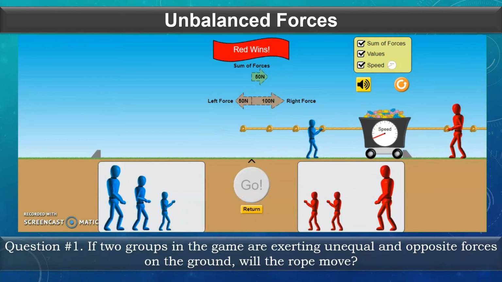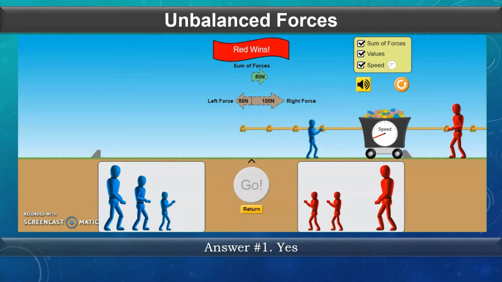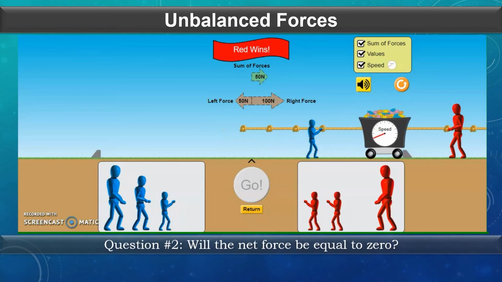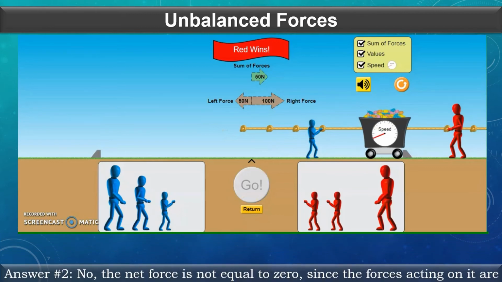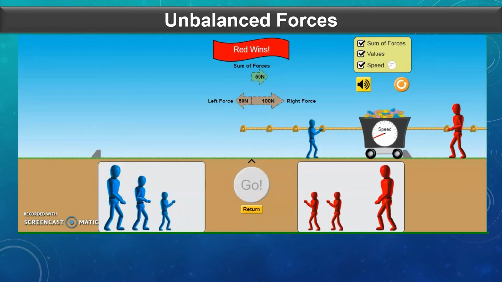If two groups in the game are exerting unequal and opposite forces on the rope, will the rope move? Answer. Based on our observation, the rope moves. Question number 2. Will the net force be equal to 0? Answer: no, the net force is not equal to 0, since the forces acting on it are unbalanced forces.